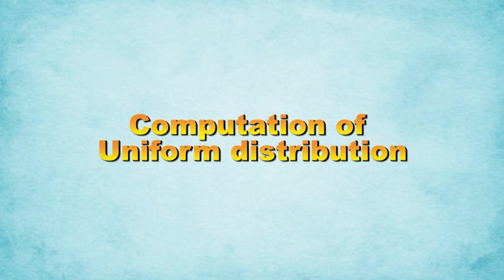We shall now look into how to compute the probabilities using continuous uniform distribution. A company manufactures bolts of a certain length that must be between 10 and 12 inches long to be considered acceptable. What is the probability that a randomly selected bolt will be between 10.5 and 11.5 inches long?